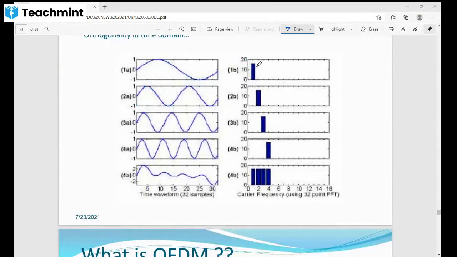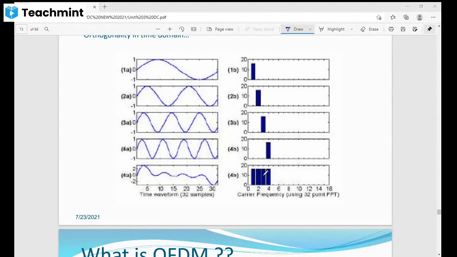This is the first signal, second signal, third signal, fourth signal, and this signal combines these four. This is the carrier frequency using a 32-point fast Fourier transform. What we did is combine these signals into one signal and we can send it, but without overlapping individually. There you can understand individually that this is signal 1, signal 2, signal 3, signal 4. That is the advantage of ortho.